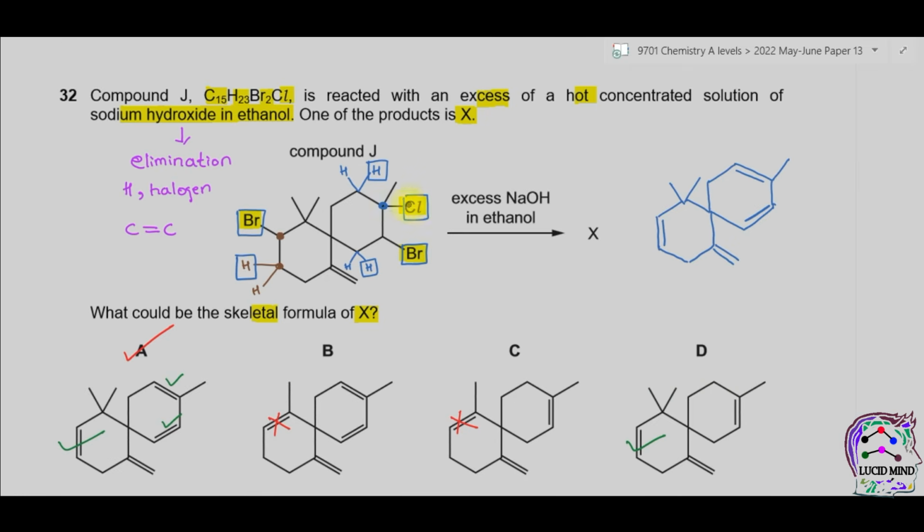This can happen if this chlorine takes a hydrogen atom from this carbon. So there will be a double bond here, but still another double bond is to be made between this bromine and this hydrogen. So there should be two double bonds shown. One double bond is not possible. So correct answer is therefore A.